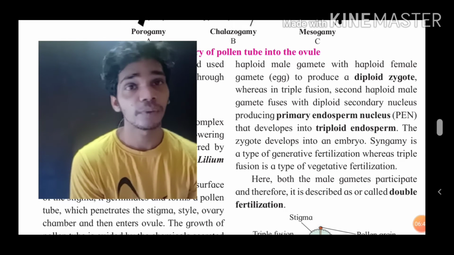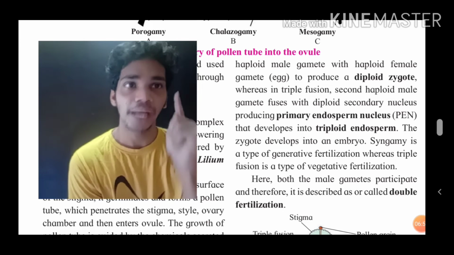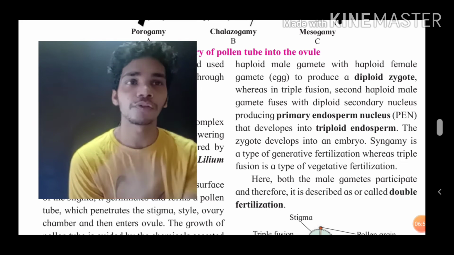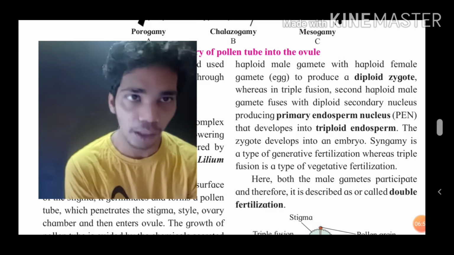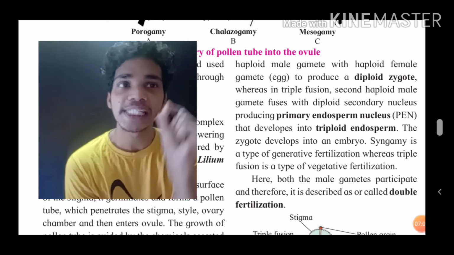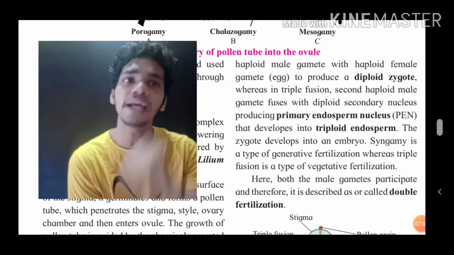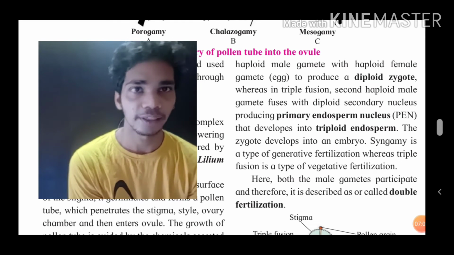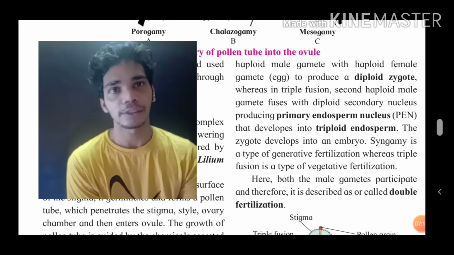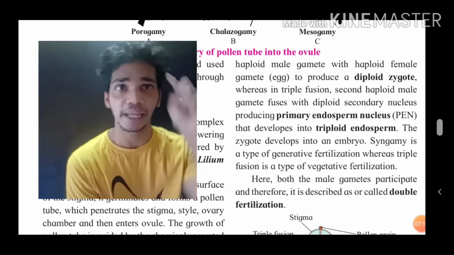Whereas triple fusion is the formation of the PEN, primary endosperm nucleus, which leads to formation of the triploid endosperm. Triple fusion is a type of vegetative fertilization. There is no involvement of the egg cell, which is why they call it vegetative fertilization. So out of double fertilization, one is syngamy, where male and female gametes are involved.